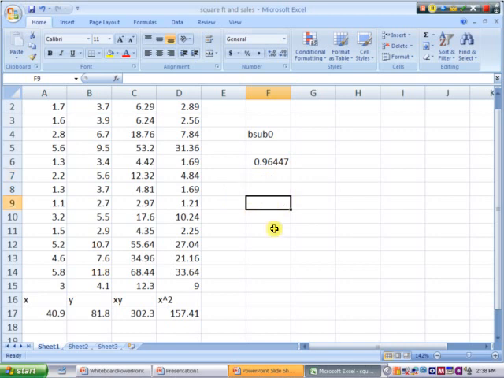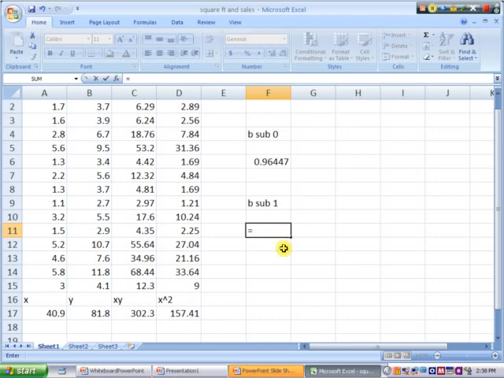Now let's do the B sub 1. Maybe we should put a space in there. B sub 0. And let's call this B sub 1. Now let's look at our formula for that. Start with equals. It says n times the sum of the xy minus the sum of the x's multiplied by the sum of the y.